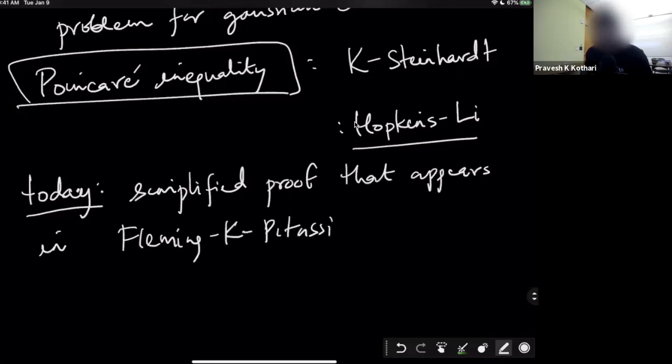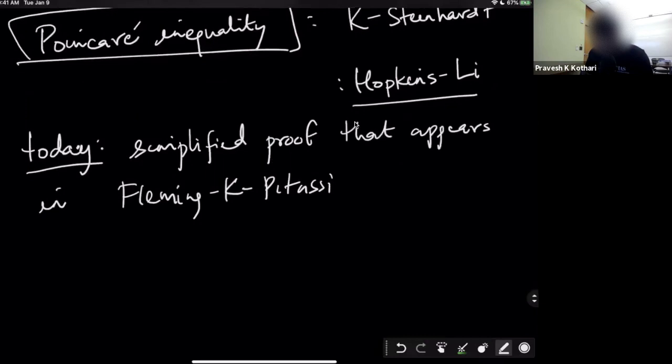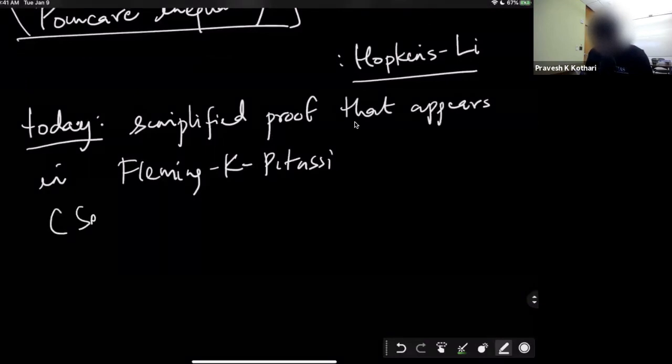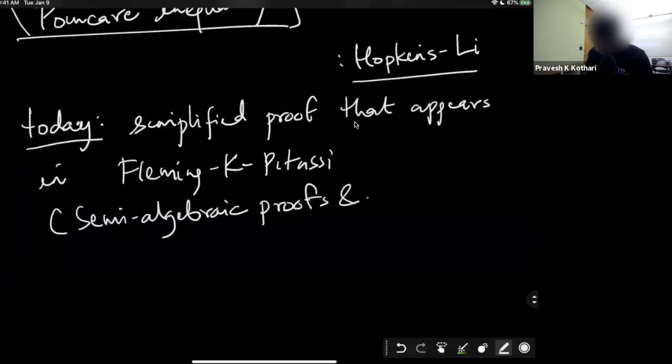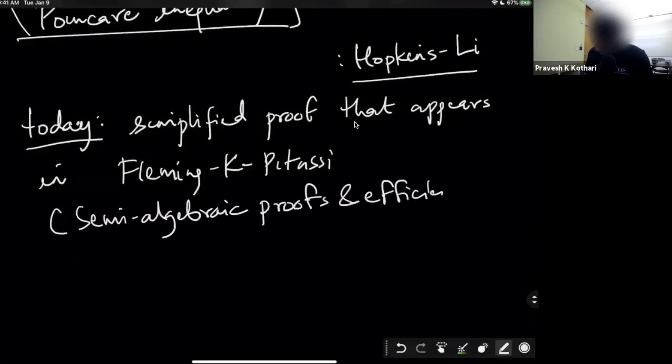And that's also a good reference for looking at the details for what I'm going to talk about today. So that's basically the proof I'm going to present today, the proof from this particular monograph.